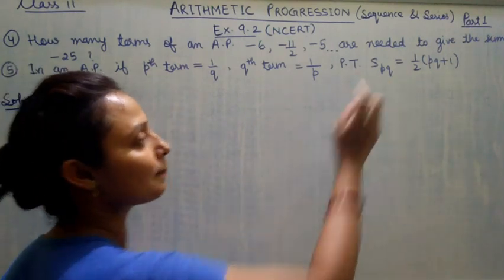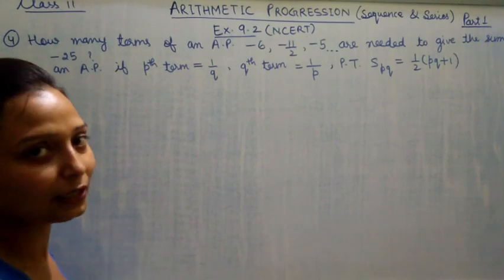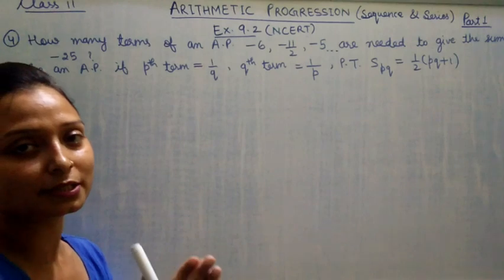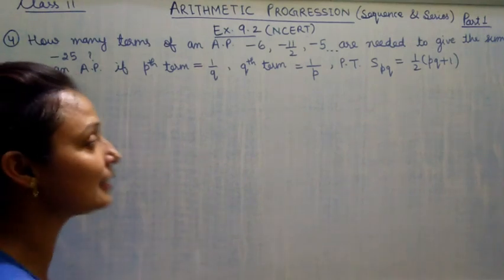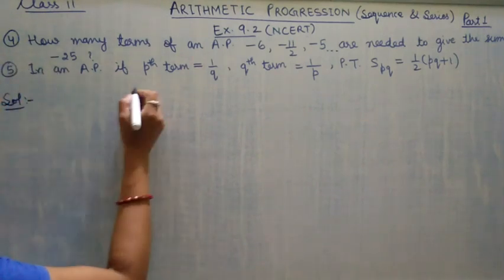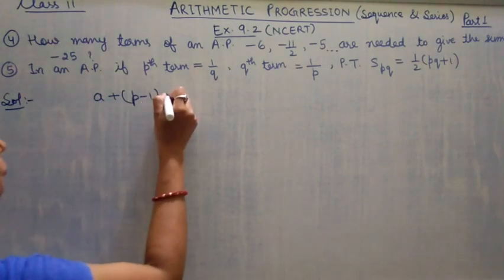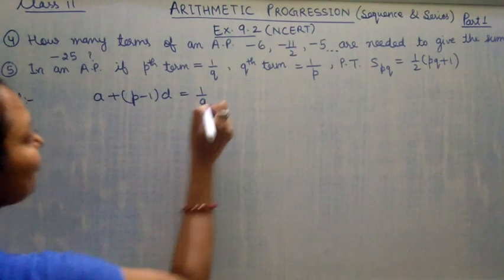For finding the sum, we need a and d. So we will concentrate on finding a and d. The first is the pth term: a + (p - 1)d equals 1/q. This is equation 1.